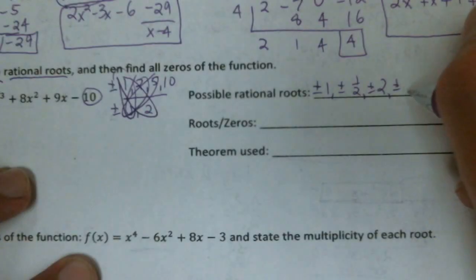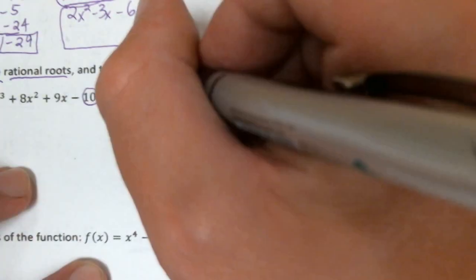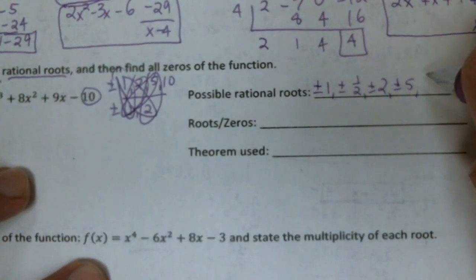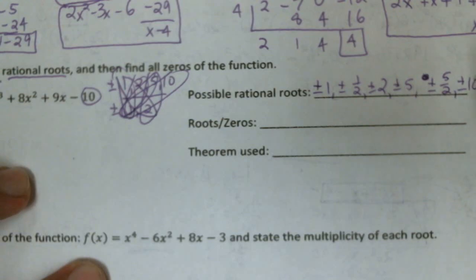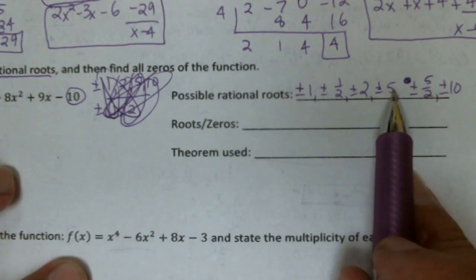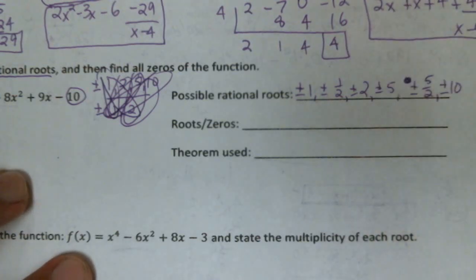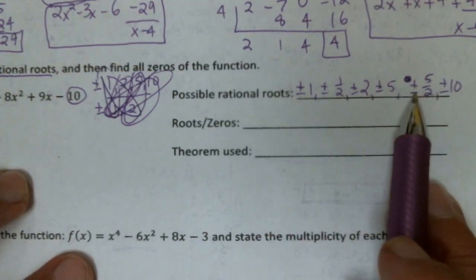And I got plus or minus 5, and then plus or minus 5 halves, and then I have plus or minus 10, and the last one I have, 10 over 2, which is plus or minus 5, but I already have that. So those are my possible rational roots.